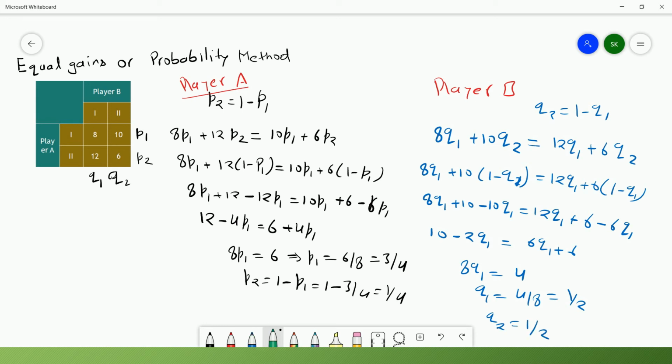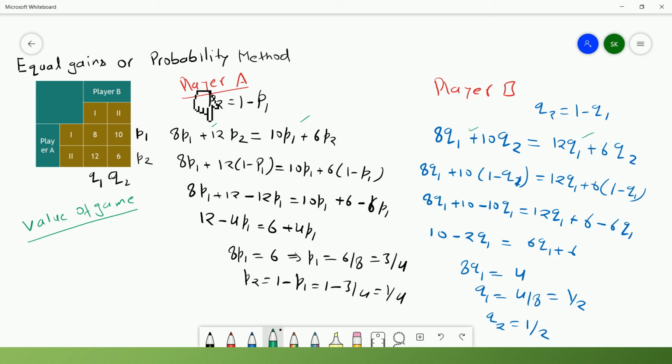Now to calculate the value of game, I can choose any of the equation, either this or this. So let me first calculate the value of game using this.